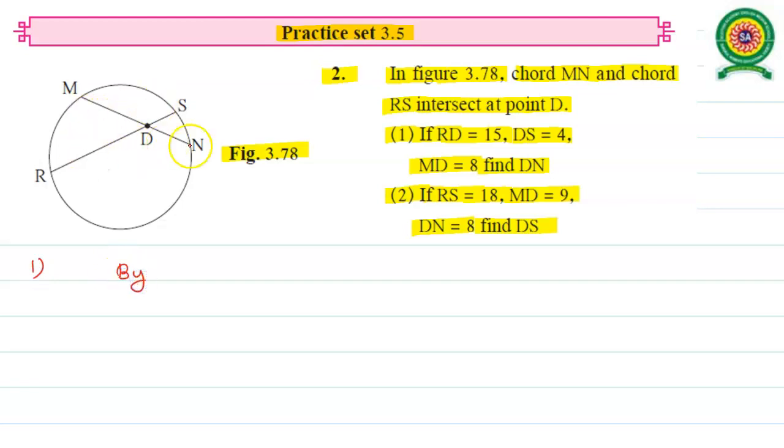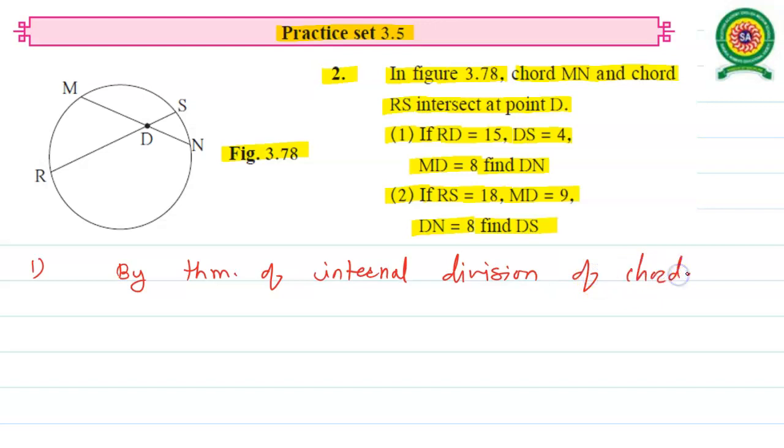Since the chords intersect at point D and D is an interior point of the circle, we are using the theorem of internal division of chords.